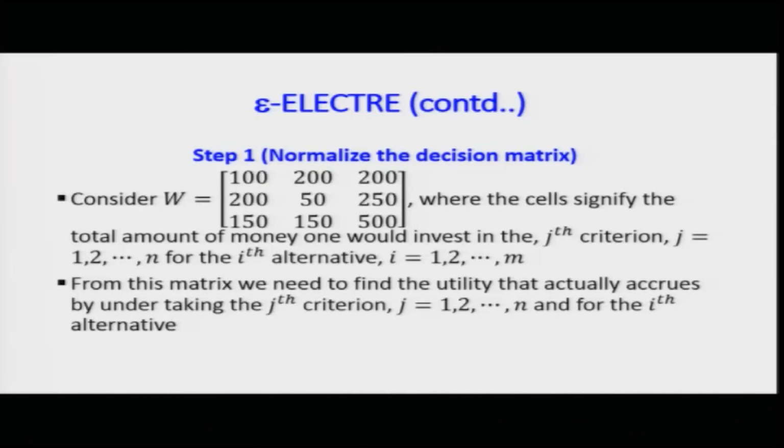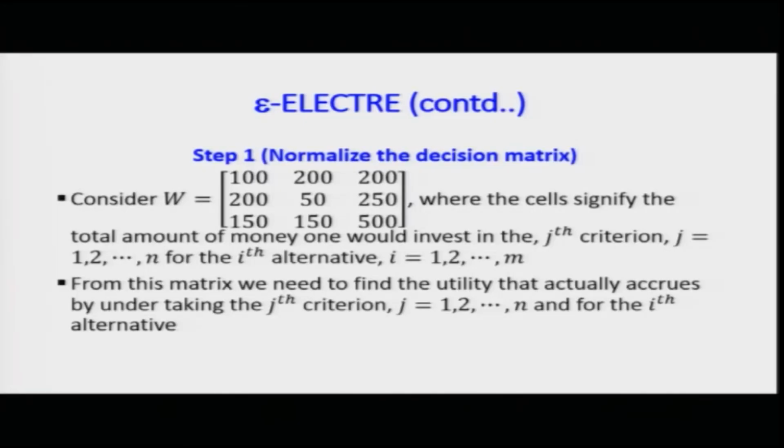Consider this, I will change the problems accordingly and bring some twist in order to make you understand. So consider the overall matrix W, which is not the weightage, but the wealth. If it was small w bold, it would be the weights.